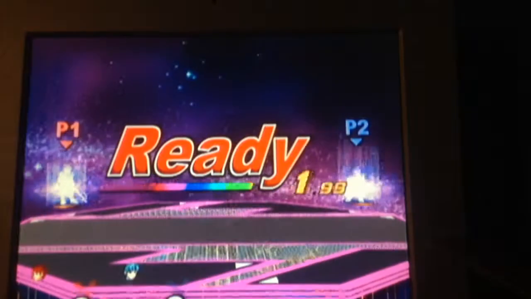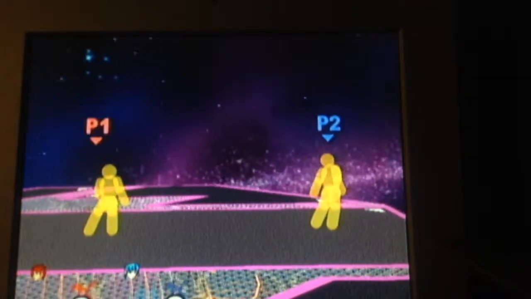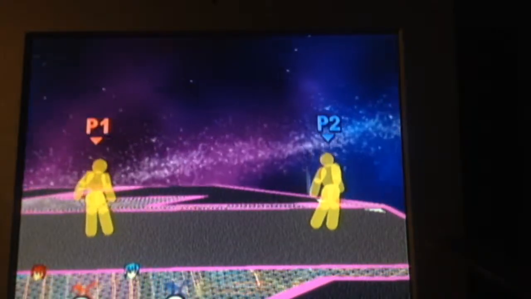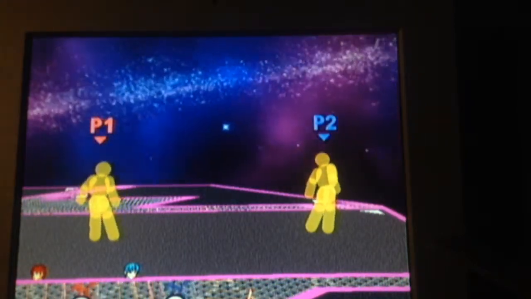So let's begin. Player 1 is Roy, and player 2 is Marth. I'll be mostly going over Roy because he's a little less discovered than Marth, and you'll mostly play against Marth, so you'll learn how to play with and against Marth a lot more than with Roy.